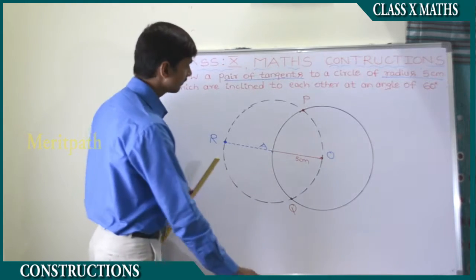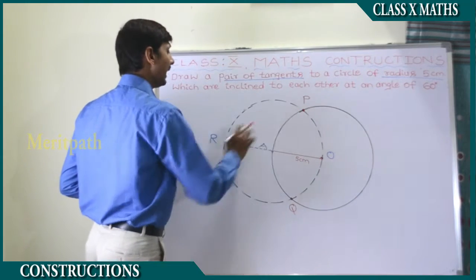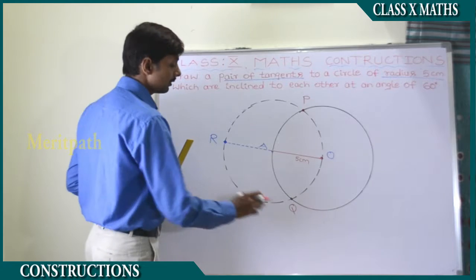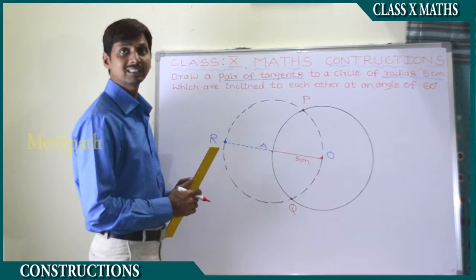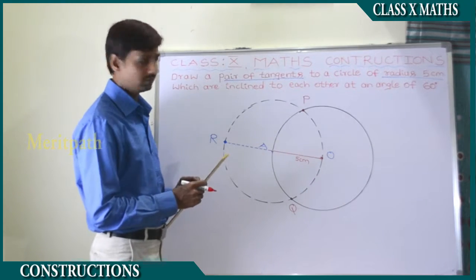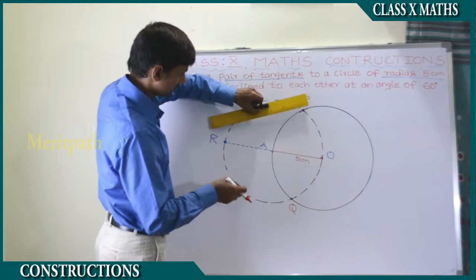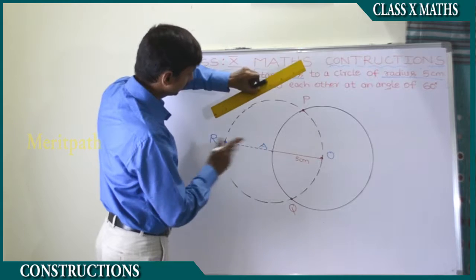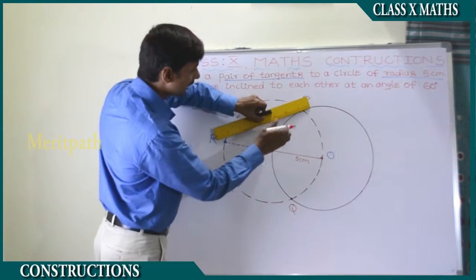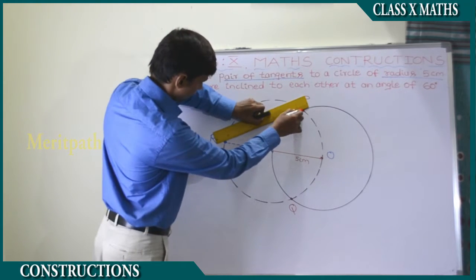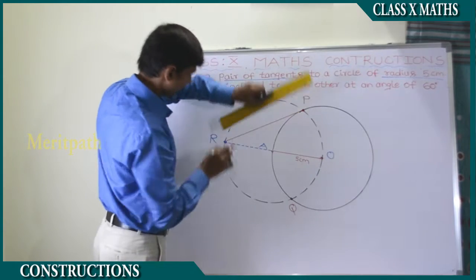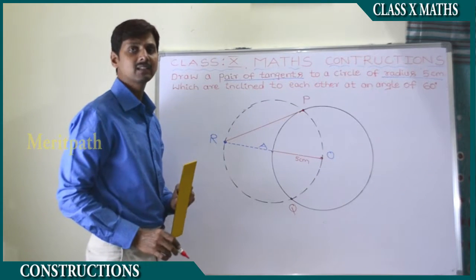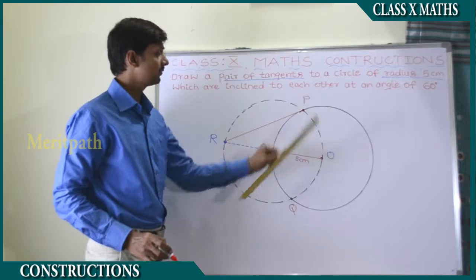Let's join P and R, and Q and R, then we'll be getting the tangents of the first circle. We are joining RP, or PR. RP is the first tangent for the first circle.